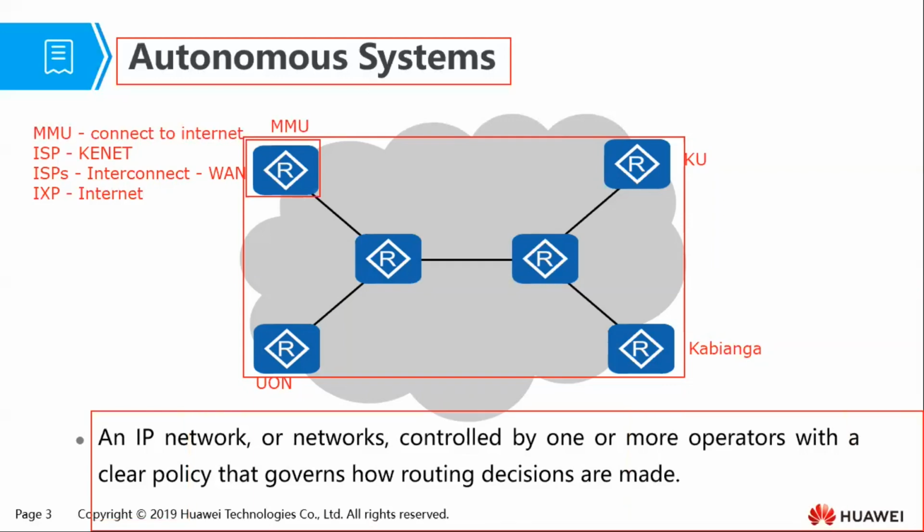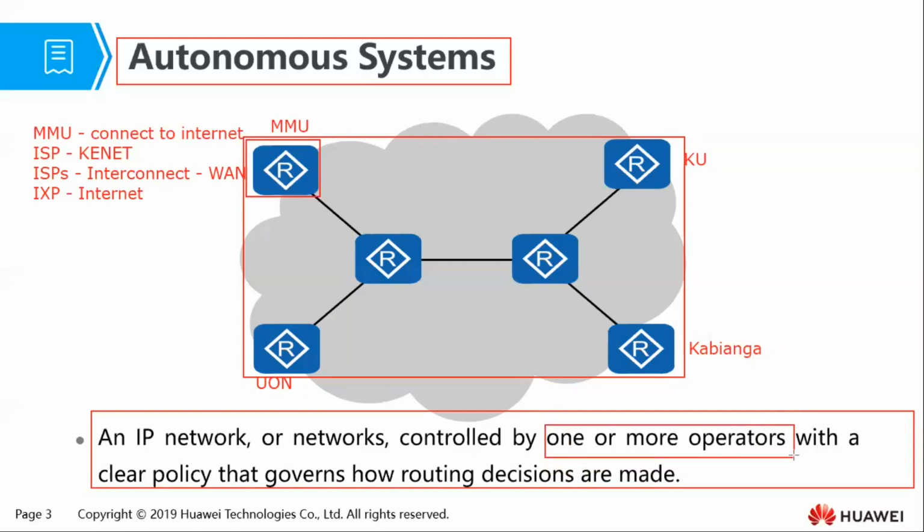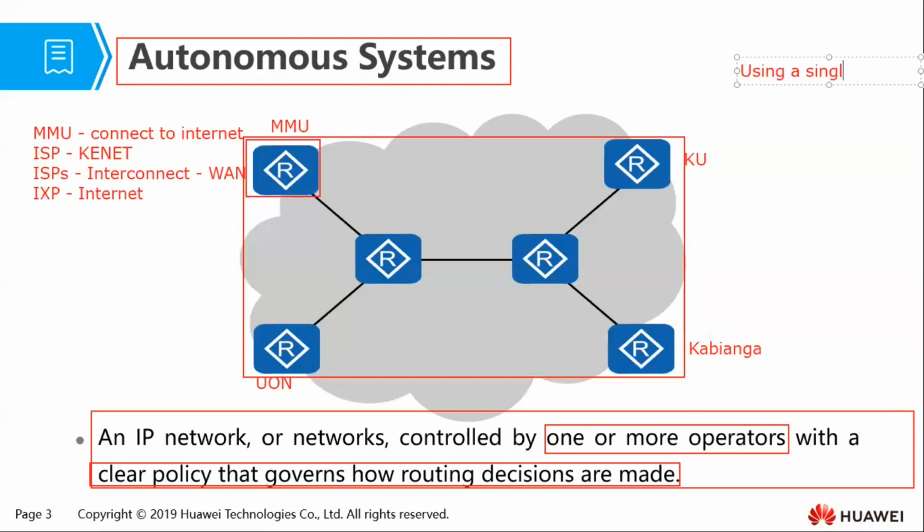Because in an autonomous system, the routers that are owned by one or more operators have a clear policy that governs how the routing decisions are made. Most of the time, a bit earlier on, it really meant using a single routing protocol.